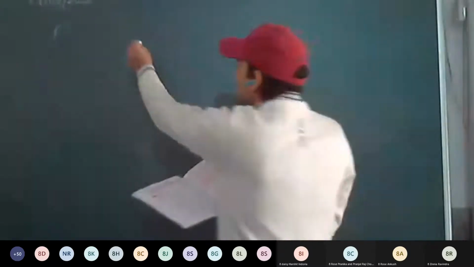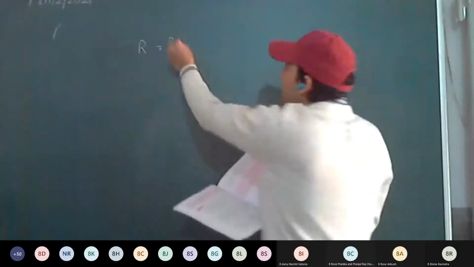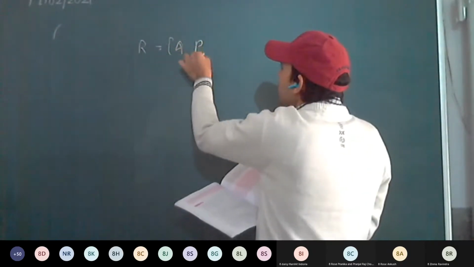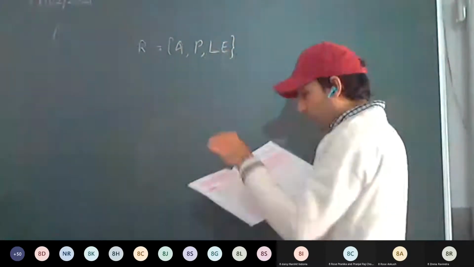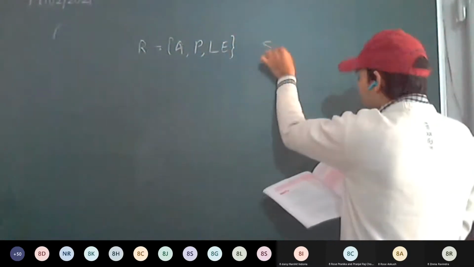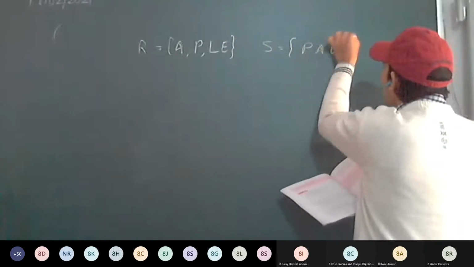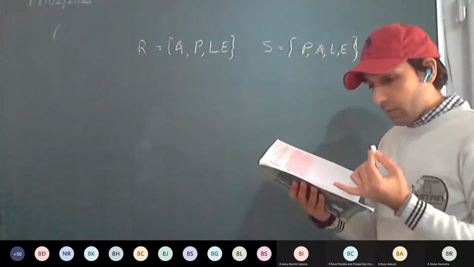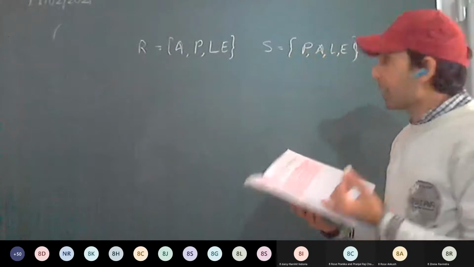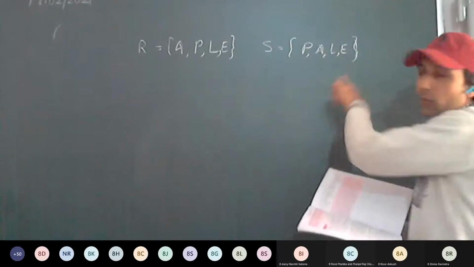Okay, so set R is the letters of apple. So A, P, P won't be repeated because elements do not repeat. S is PALE. Now the cardinality of sets R and S: 1, 2, 3, 4 and 1, 2, 3, 4.